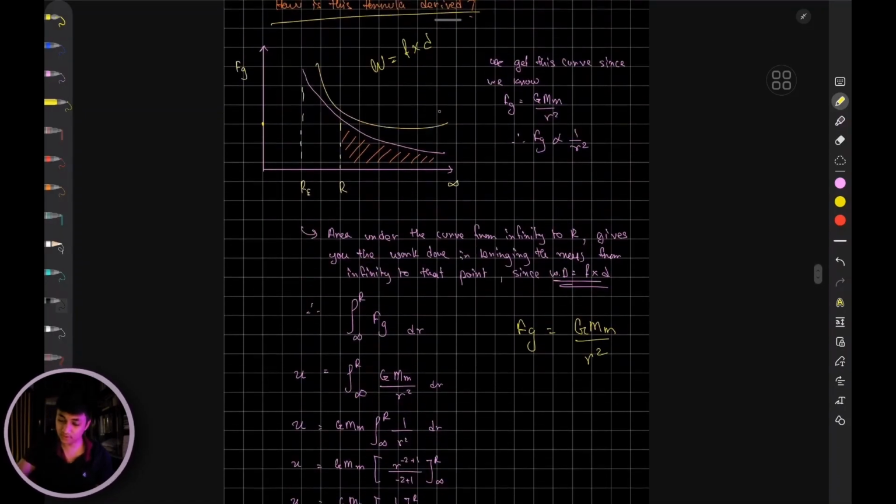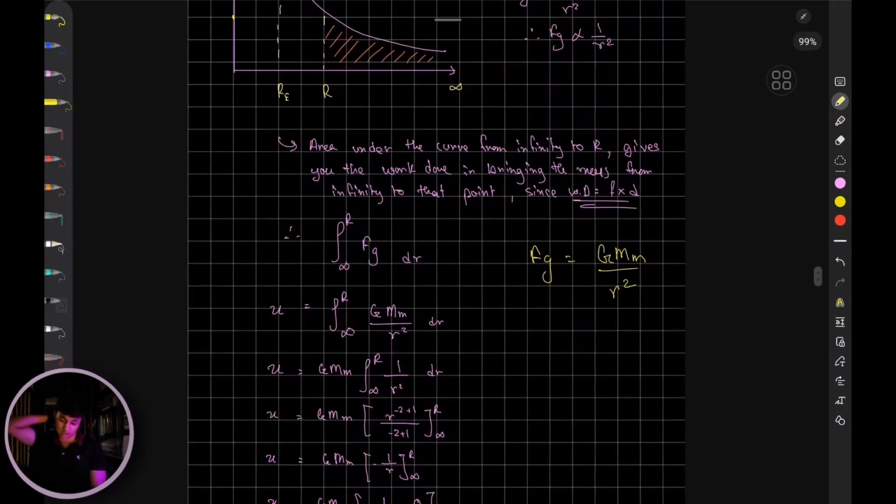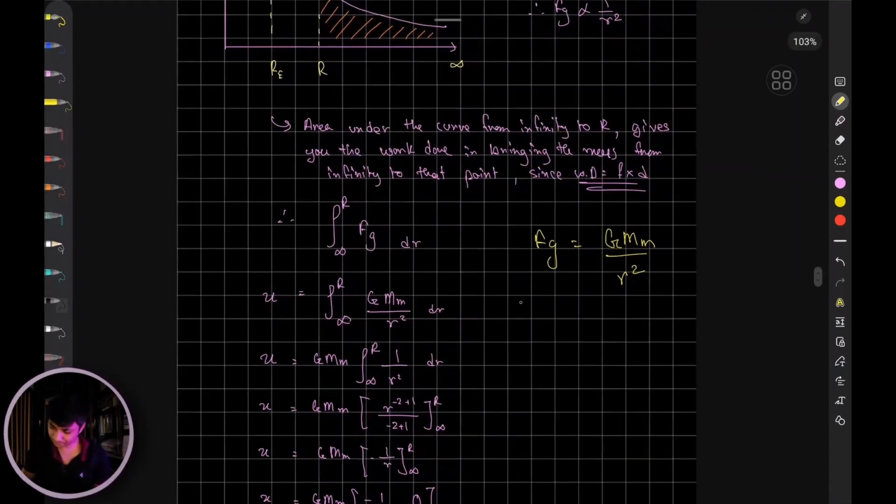And this shape of the curve again is due to this proportionality of 1 by r square. Okay, so now to find the gravitational potential energy, if I integrate both, what you're going to have is this. The integration of Fg from infinity to r is going to give you the gravitational potential energy.